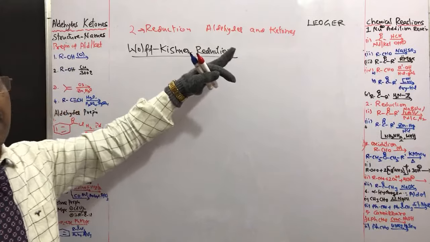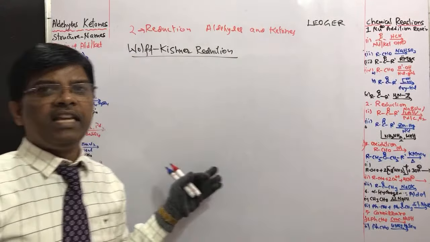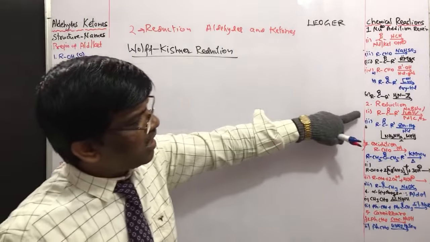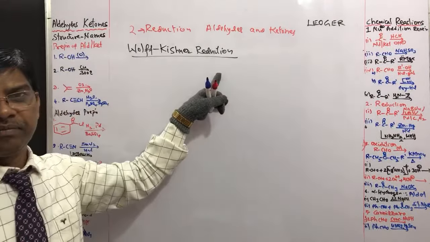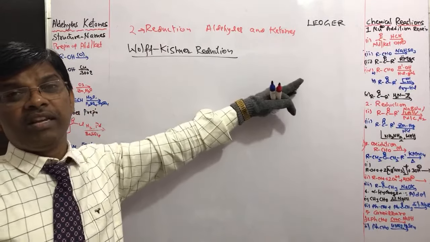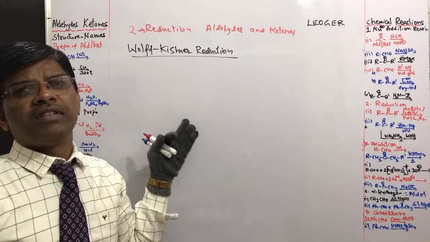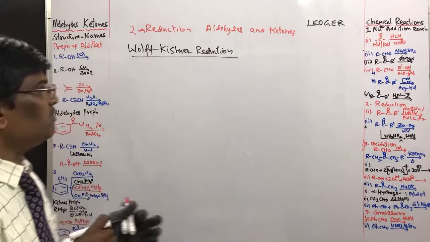In those I give a number of examples in a different way, and if I teach that way, each reaction takes 1 hour. I have already kept Clemmensen reduction in Venus Academy. Please go through that. You will get a number of examples under Clemmensen reduction.